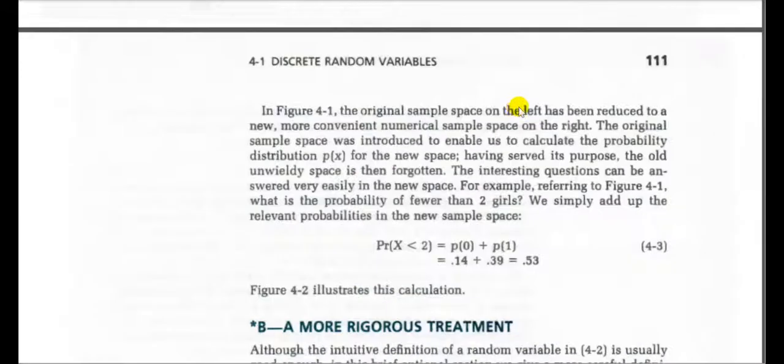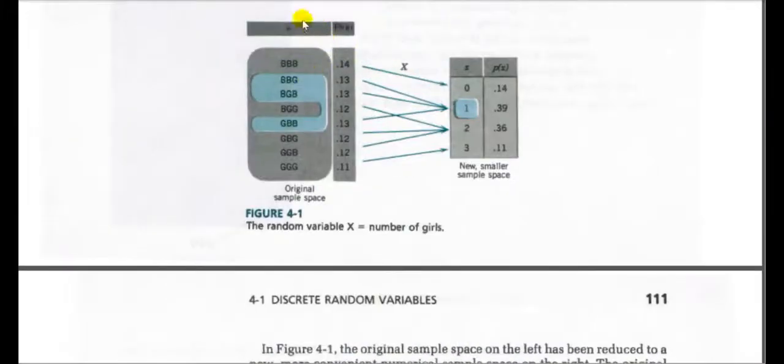Numerical valued means that this set is numbers. We take this and map it to a number, we take this one and map it to the same number. So the outputs of the function are numbers.